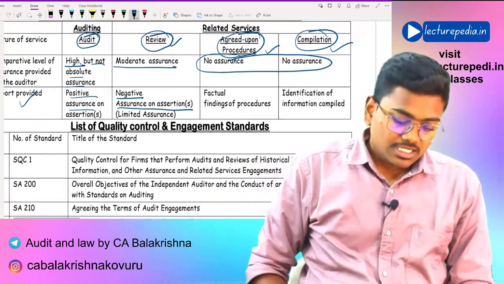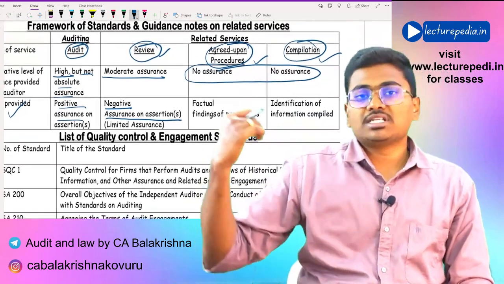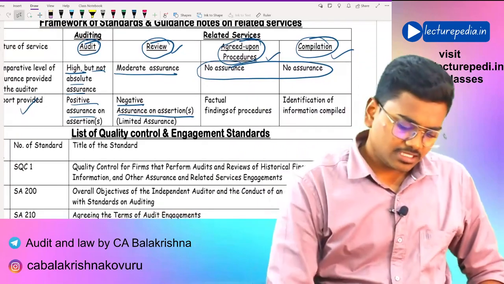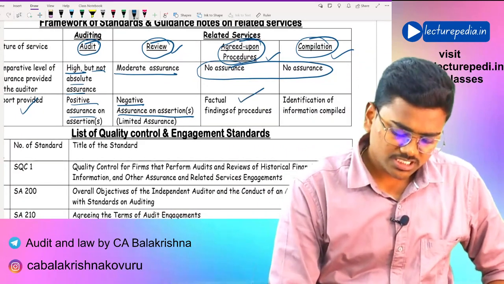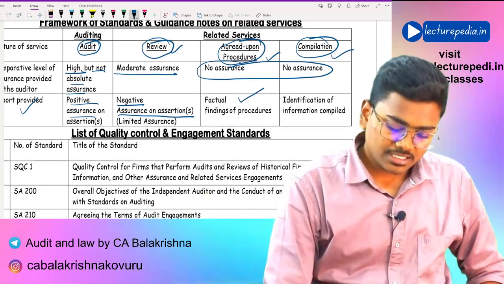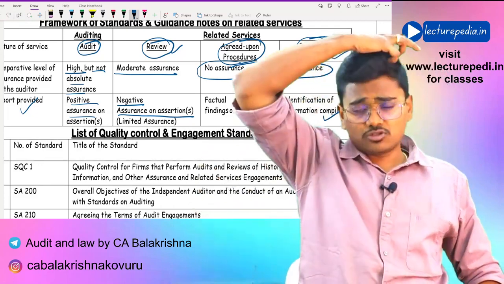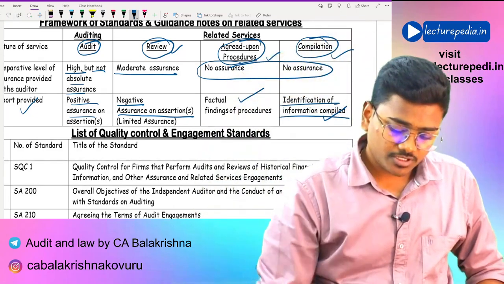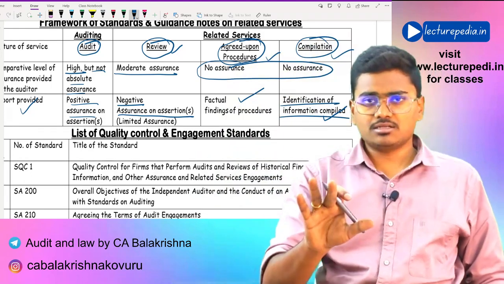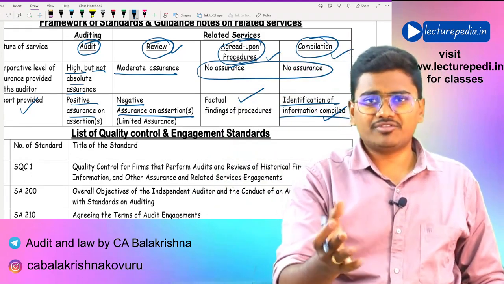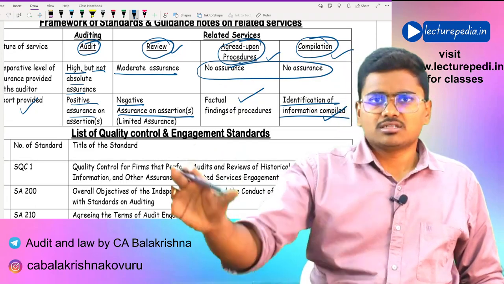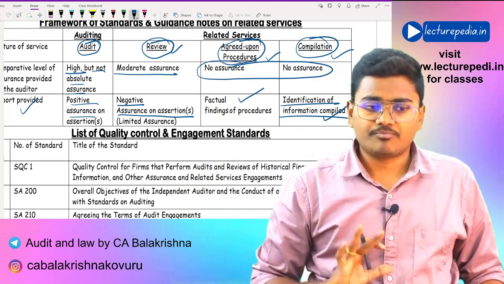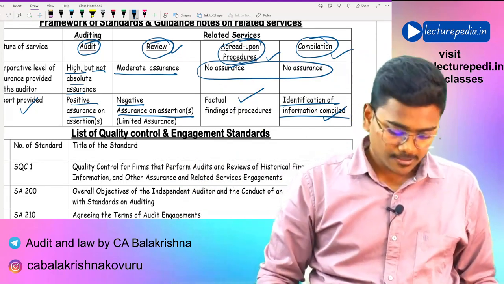That type of terminology will be used in case of reviews. In case of agreed upon procedures, you will just present factual findings, and in case of compilation, you will just do identification of information compiled. Let's say you have been appointed to compile the financial statements, you will just compile the financial statements, you will not give any assurance.